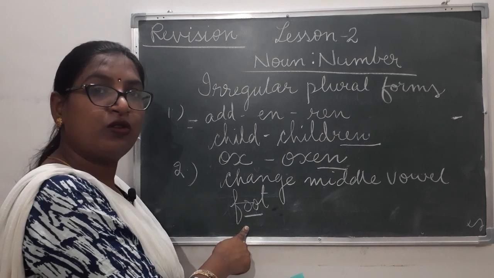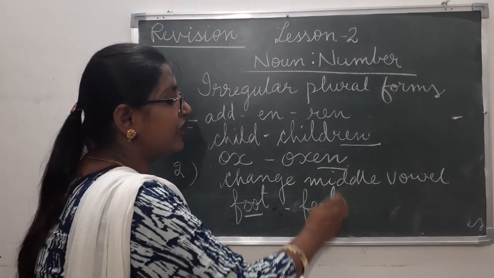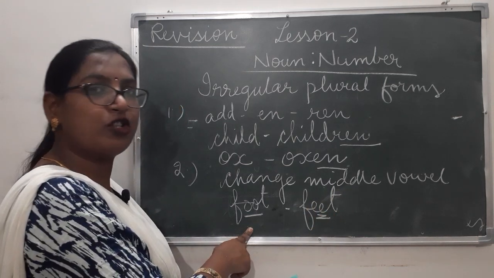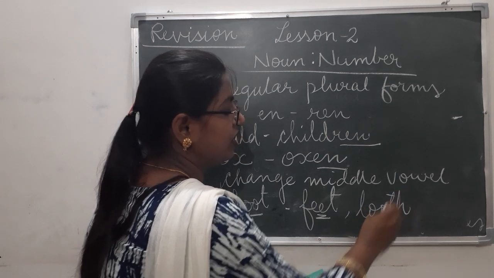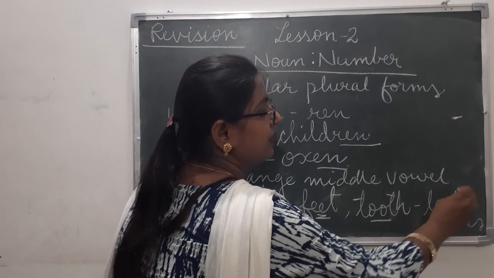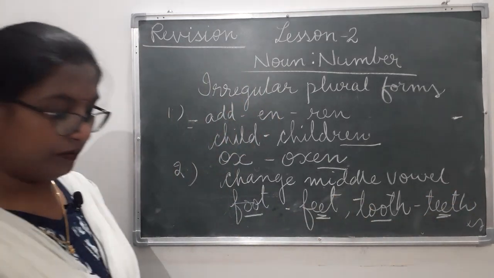The double O are the middle vowels. The middle vowels we change, it becomes feet. Feet is the plural form of foot. The next example, tooth. Tooth becomes teeth. See, the middle vowels are changed.